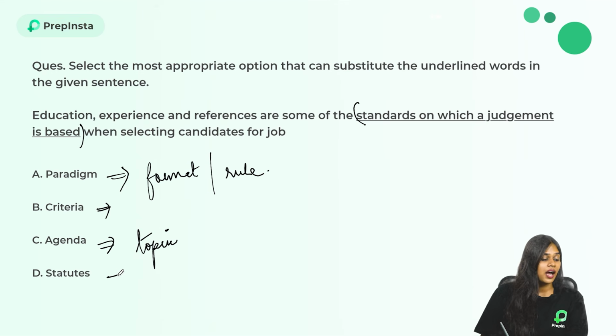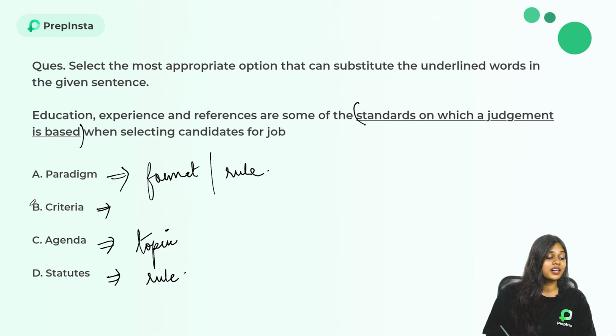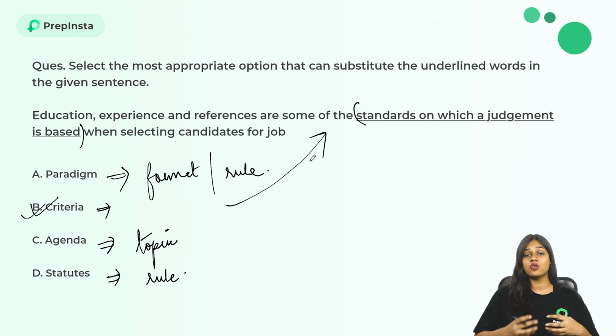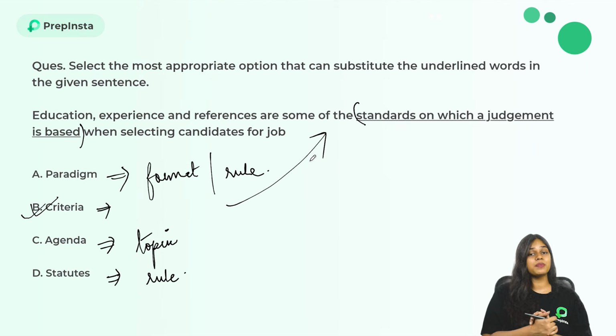And statute here means a set of rules or laws. So according to this, criteria becomes the correct answer because this means standards on which a judgment is based. When you're based on certain criteria, that means you're based on certain standards. So criteria is the correct answer for this question.